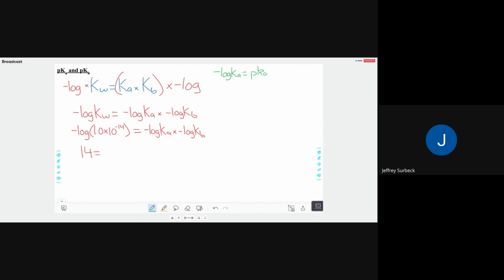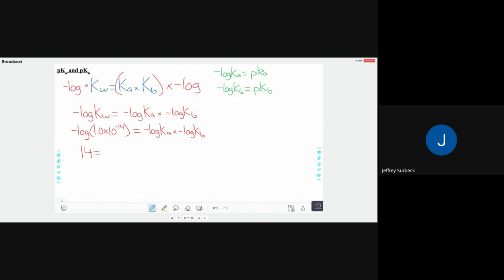Now, I've seen this before, because we've seen negative log of H3O plus is equal to our pH. Well, now we're just putting the P in front of the Ka, and we can do the exact same thing with the negative log of Kb, which is just equal to pKb.